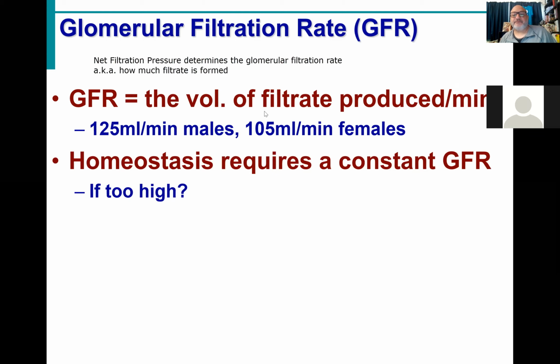Excellent. But as we talked about, it is vitally important to maintain appropriate rates of this. Remember, we were talking about this in the last class. If our glomerular filtration rate is too high, we make too much filtrate. And if we make too much filtrate, remember, we don't have time to process it properly, and so our filtrate is under processed.